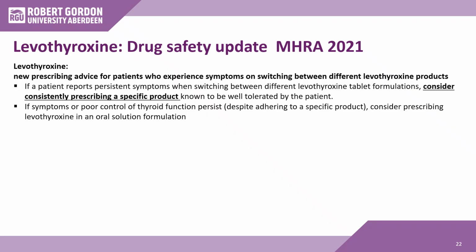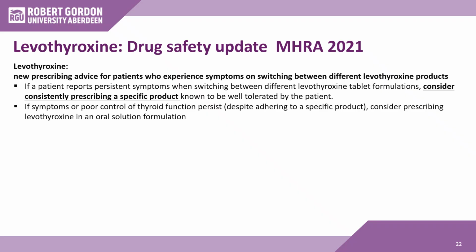In 2021, there was an MHRA drug safety update with new prescribing advice for patients who experience symptoms when switching between different levothyroxine products. If a patient reports persistent symptoms when switching between different levothyroxine tablet formulations, consider consistently prescribing a specific product known to be well tolerated by the patient.